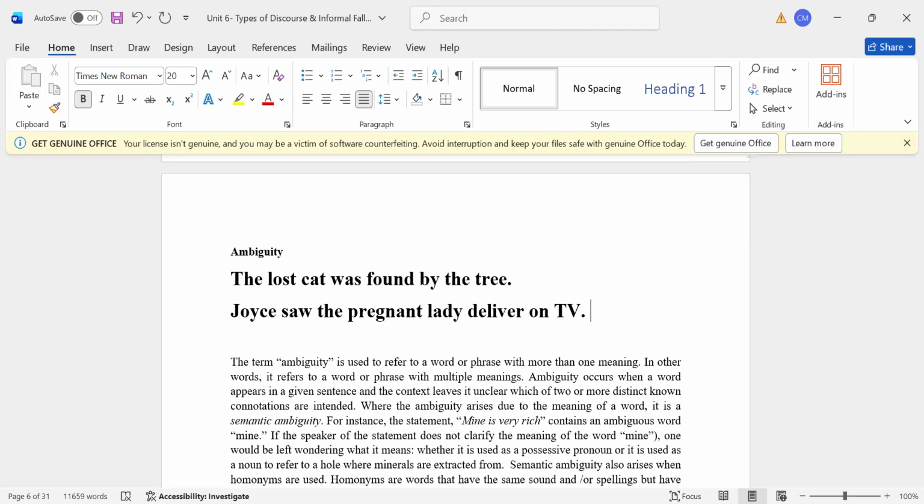The first meaning is that the process of Joyce seeing the pregnant lady deliver was on a TV. So the scene of the action was on a TV. The second meaning could be that the pregnant lady delivered on a TV and Joyce saw it.